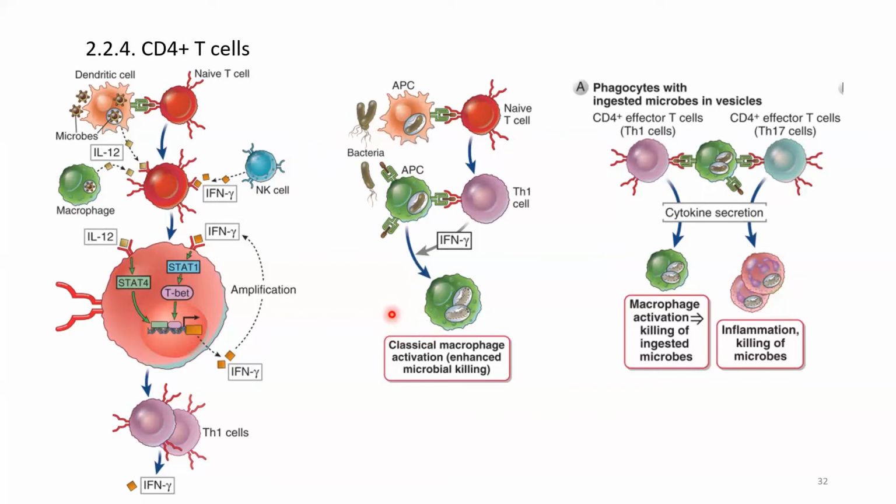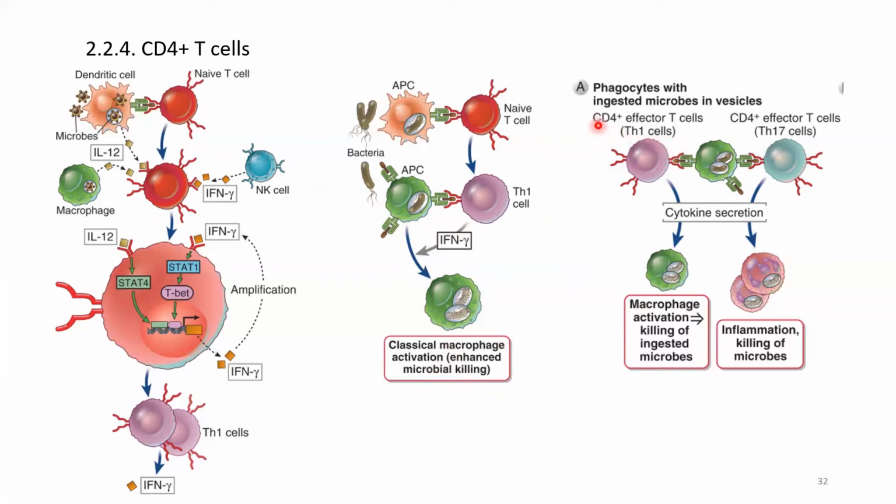So in classical macrophage activation, in order to clear bacterial infection, the naive T cell produces cytokines and initiates differentiation into T helper 1 or T helper 17, and facilitates the activation of the macrophage that engulfed the pathogen, but somehow it may not clear it properly. When the macrophage gets interferon gamma, it can easily clear the antigen, with enhanced microbial killing.